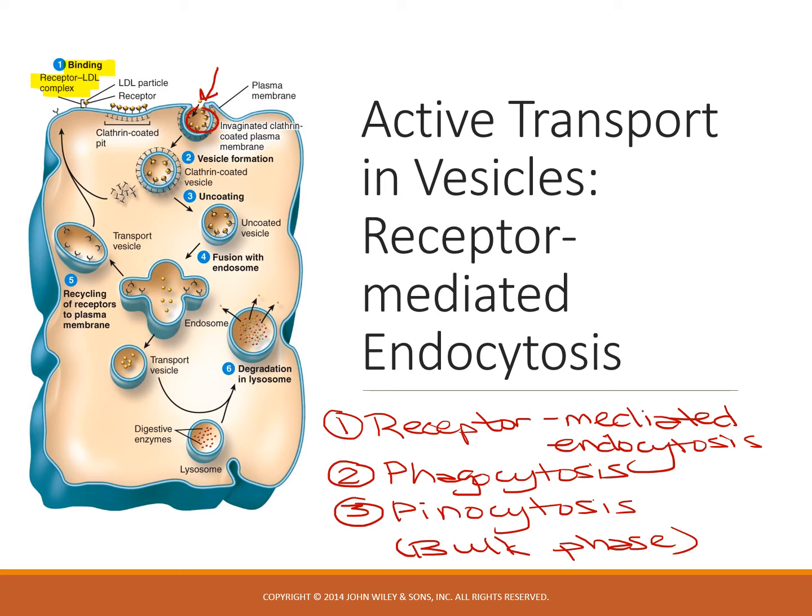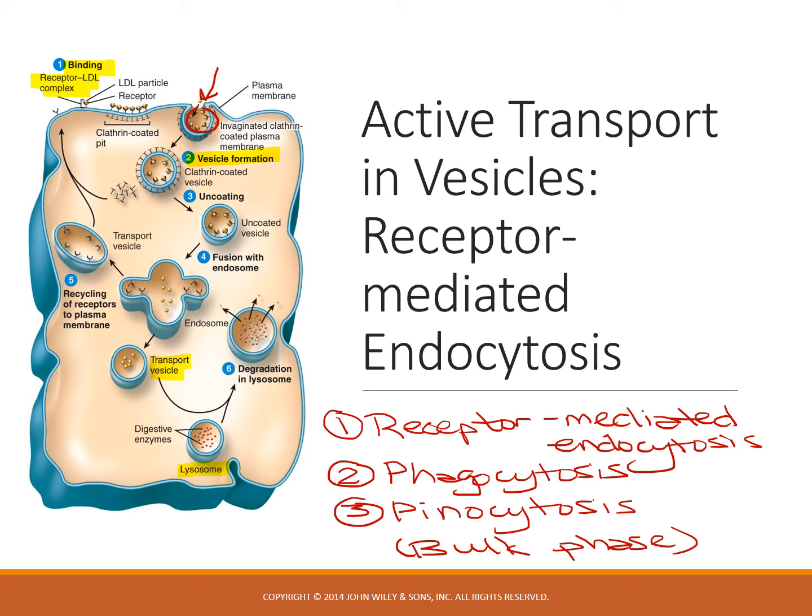Then we have this vesicle that's going to bind or fuse with a couple other types of vesicles in the cell, but really the end part here is that we're going to transport it where it needs to go.